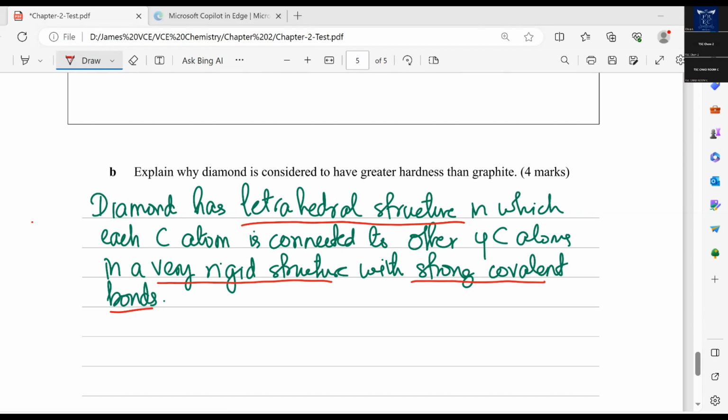But the question is that you need to compare that with the structure of graphite.